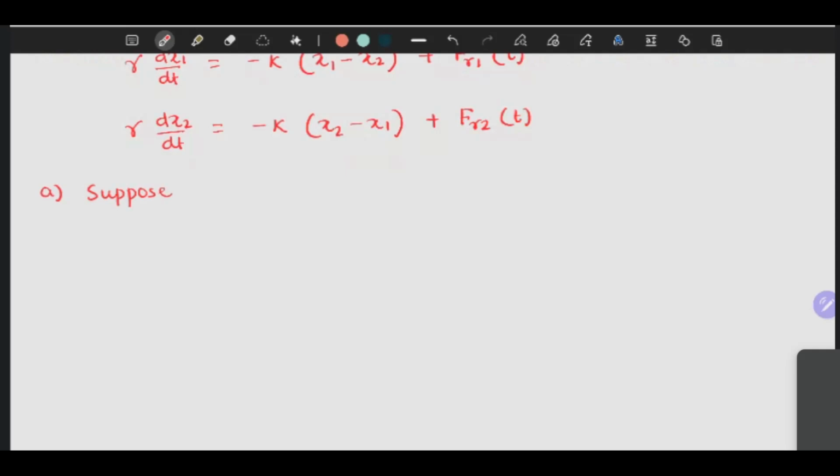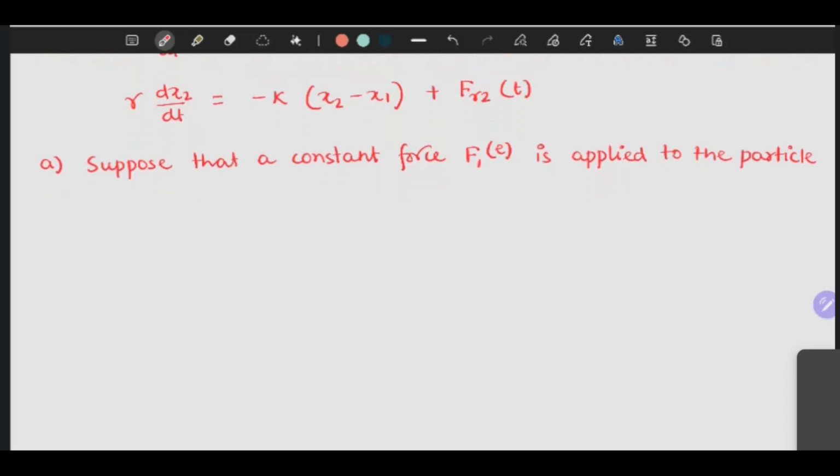Suppose that a constant force F1 external is applied to particle 1 for t greater than 0.